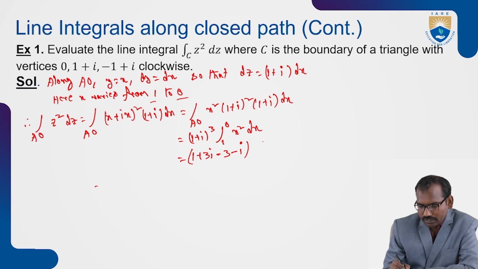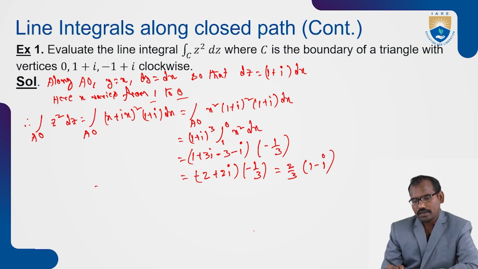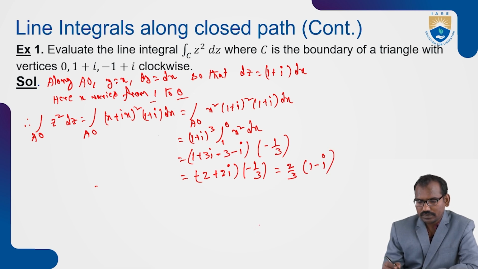Here you will get the second integral value is minus 1 by 3. Now simplify this, you will get minus 2 plus 2i, and it is minus 1 by 3. It is nothing but 2 by 3, (1 minus i), 2 by 3, (1 minus i).